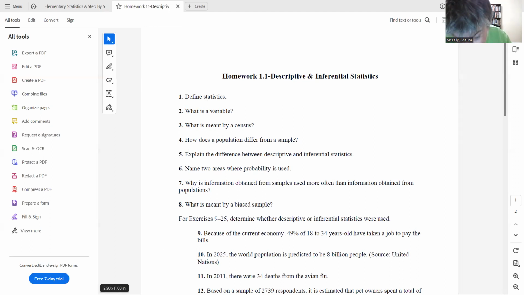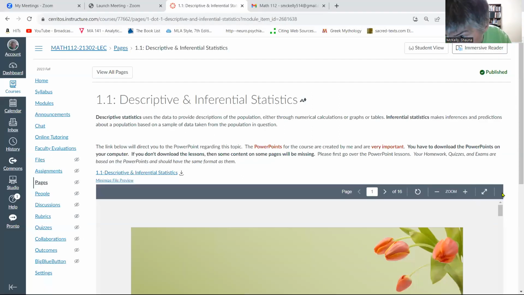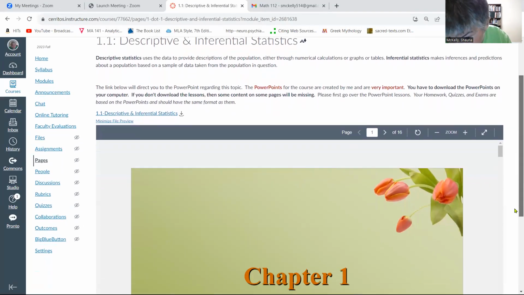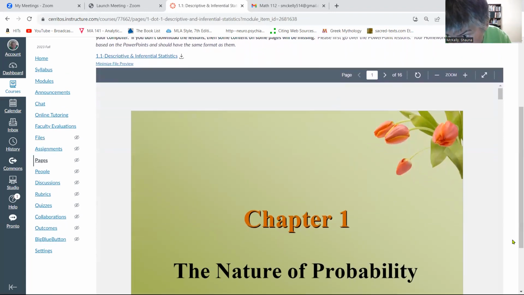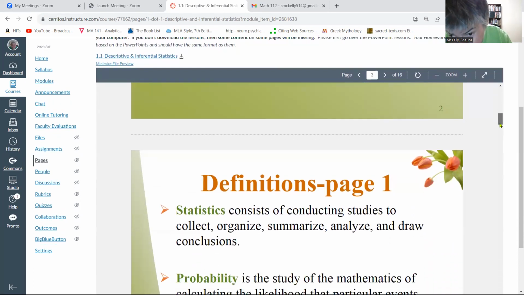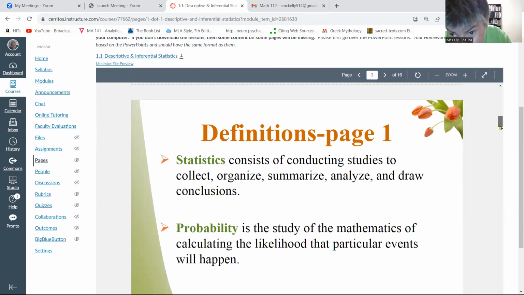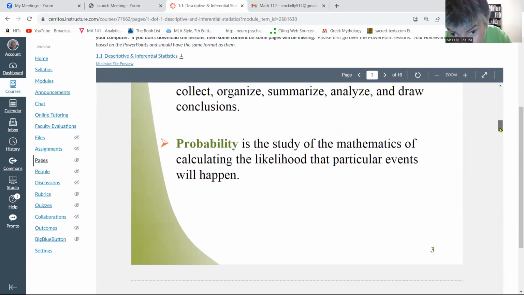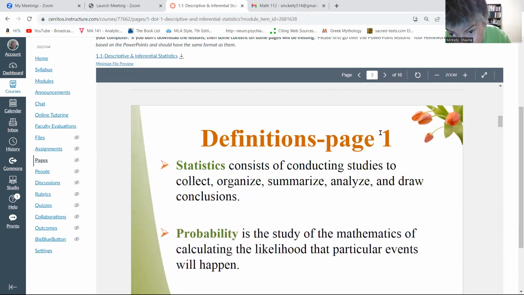So let me show you something here. Let me take you to the slide over here. Let me share this screen. Let me scroll down. And let me show you the slide. So here is your definition of statistics right here.